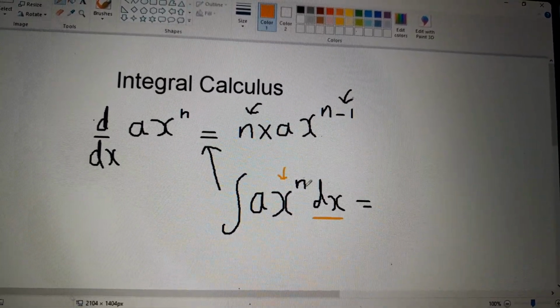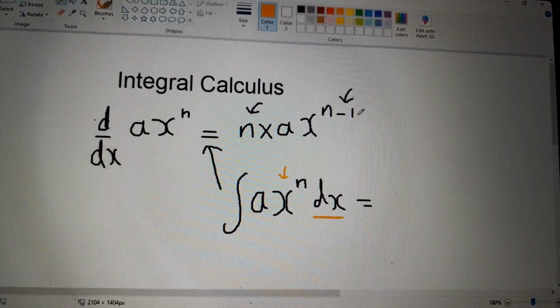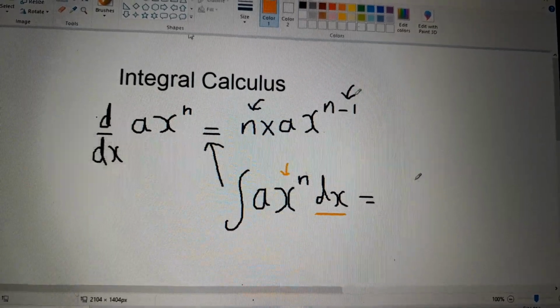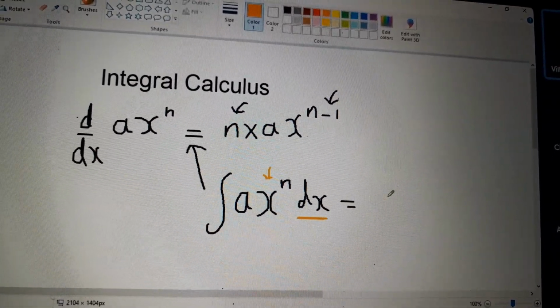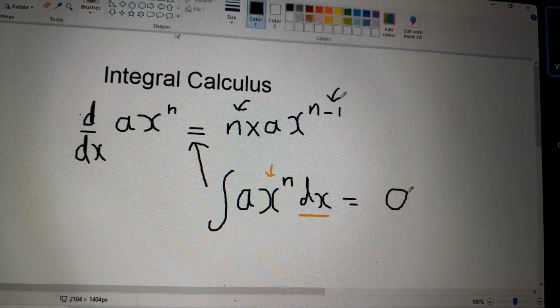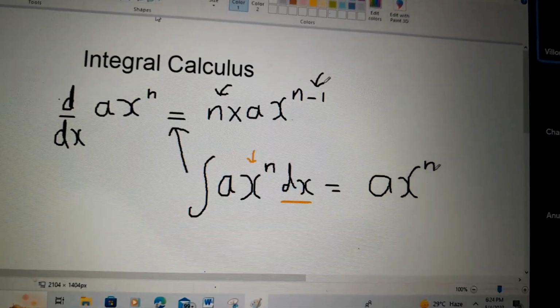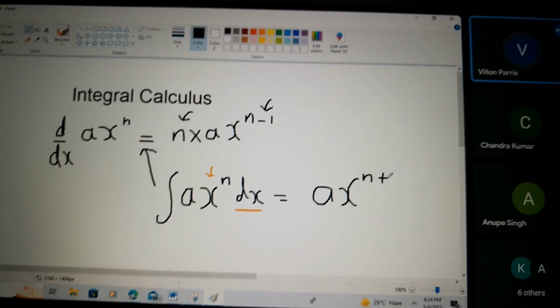So we agree that the opposite of subtracting 1 would be adding 1. So if I wanted to integrate, this is what I would have: ax to the n plus 1.